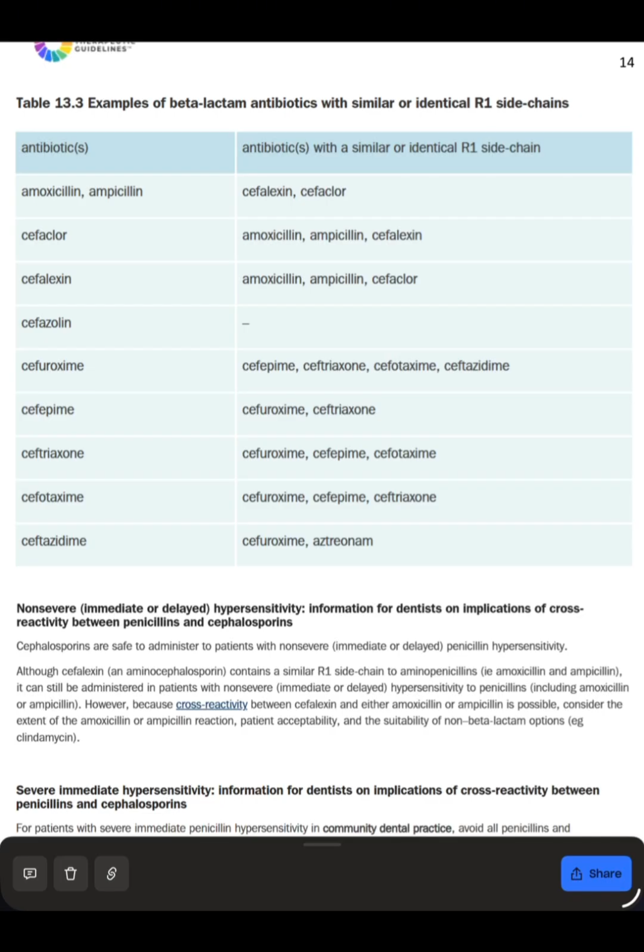Cefepime has cefuroxime and ceftriaxone. Similarly, ceftriaxone has similar R1 side chains to cefuroxime, cefepime, and cefotaxime. Cefotaxime has similar R1 side chains to cefuroxime, cefepime, and ceftriaxone. And ceftazidime has similar R1 side chains to cefuroxime and aztreonam.